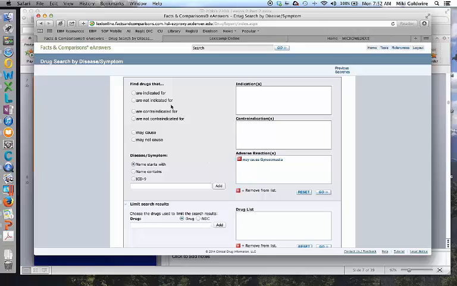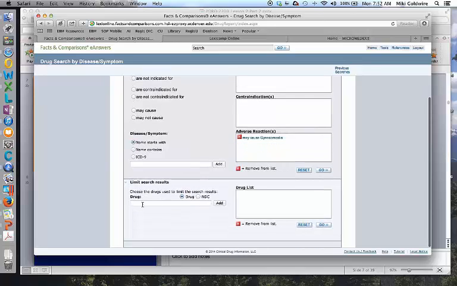As you can see, I have a window now that says I'm going to find drugs that may cause this adverse reaction, gynecomastia. I could limit my drug to cimetidine or Cardura, but right now I'm just going to hit go to see how many results I get.